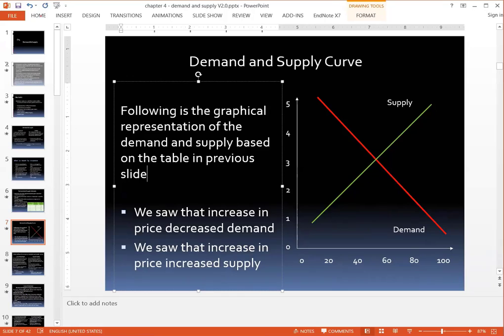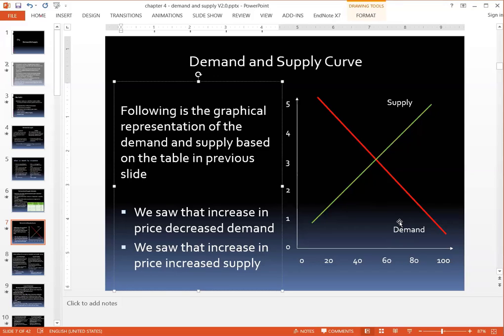Okay, so this will help us to observe the pattern. Here we can see from the graph that the red line is the demand and the green line is the supply. We saw in the graph that whenever there is an increase in price, there is a decrease in demand.